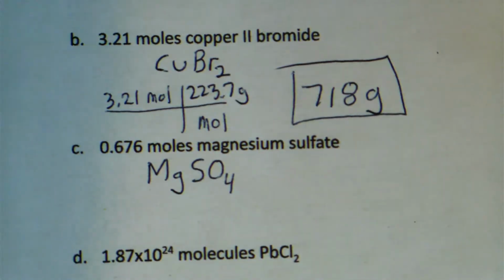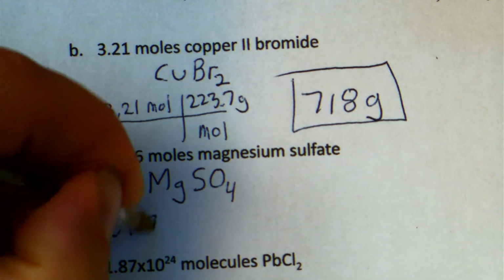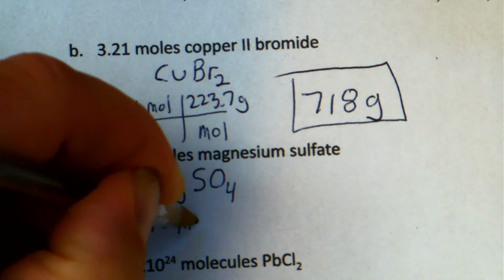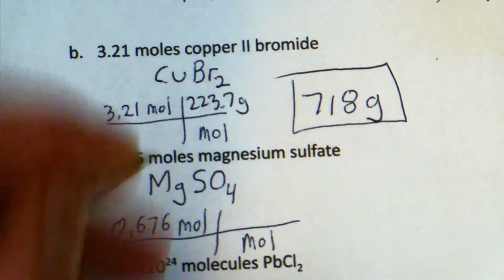MgSO4. And I'm going to go 0.676 moles times the number of grams per mole.